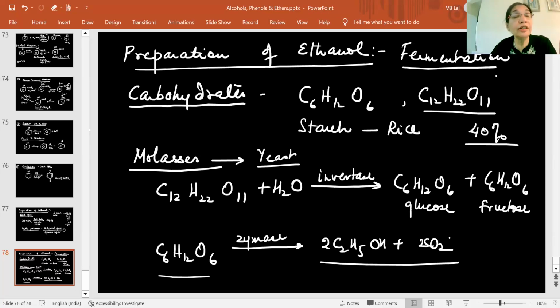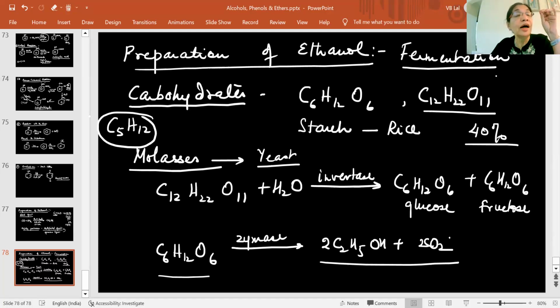That alcohol we also say is biofuel, because you can prepare it from these sources. But the petrol that we use in vehicles nowadays is not alcohol. It is actually a mixture of alkanes, generally pentane, which contain 5 carbon atoms. They are all hydrocarbons.